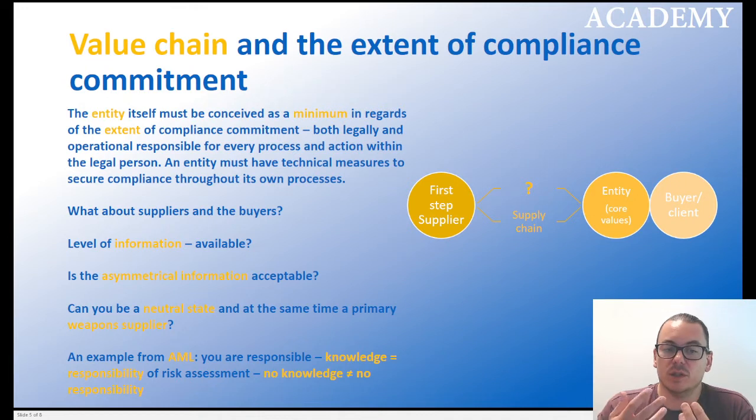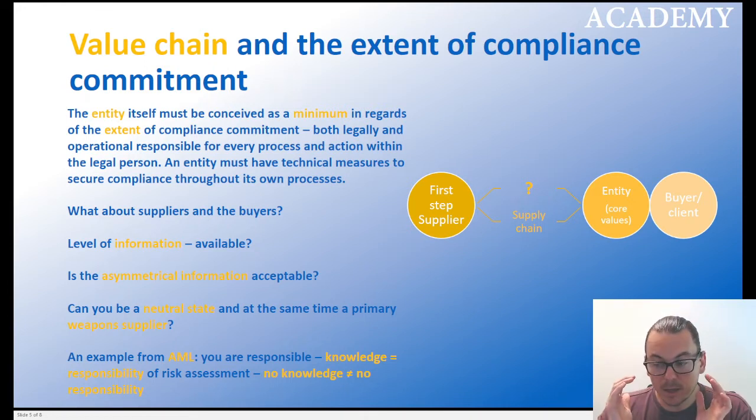An example of knowledge, this asymmetrical information, we can take from the anti-money laundering regime, where you automatically, by regulation, are responsible if you're knowledgeable, and you have to do a risk assessment. This does not mean that if you don't know anything, you're not responsible.